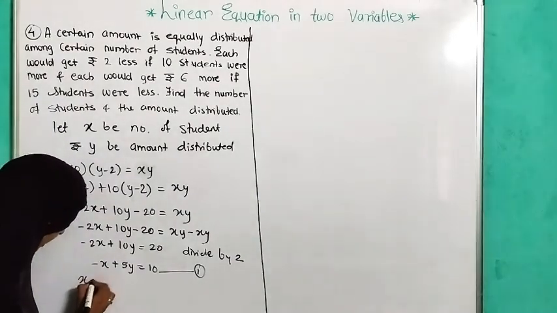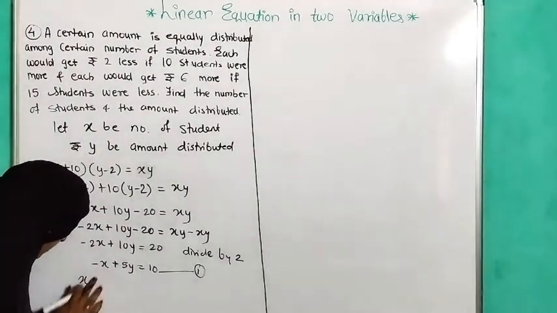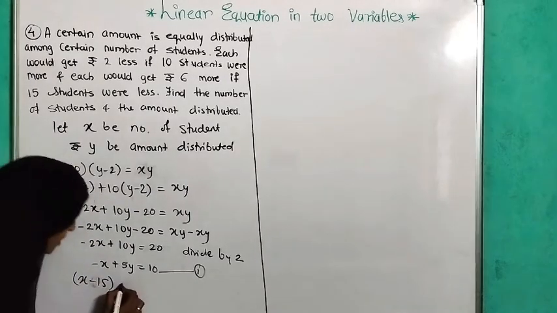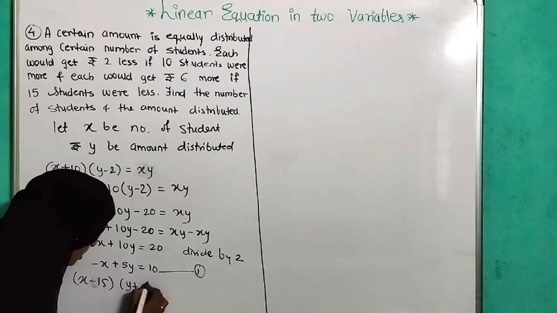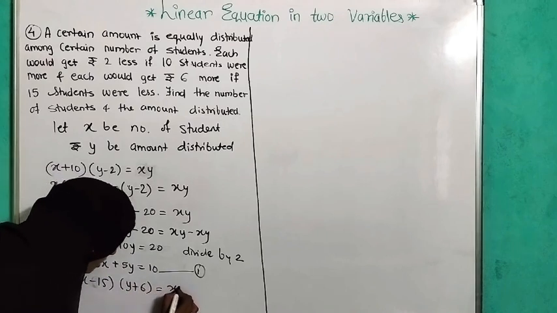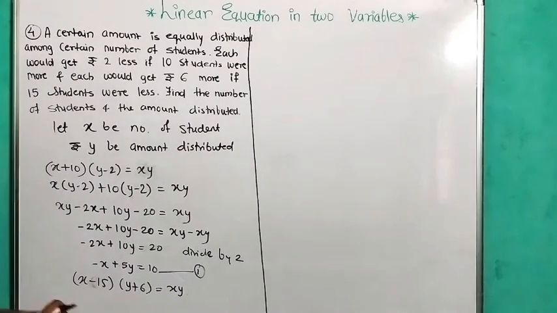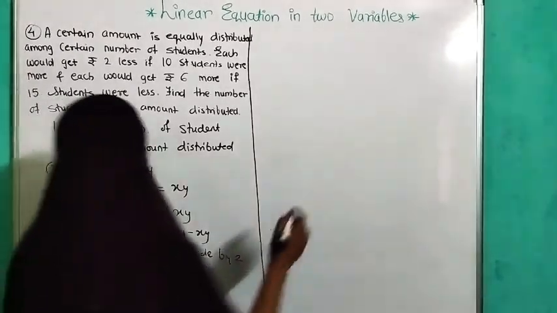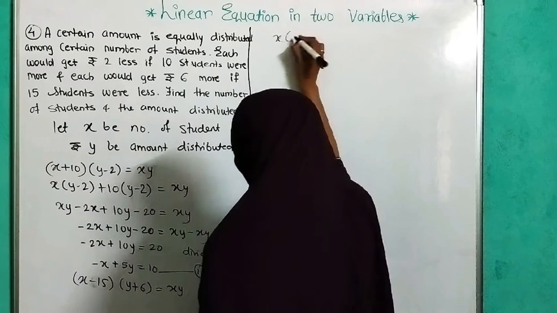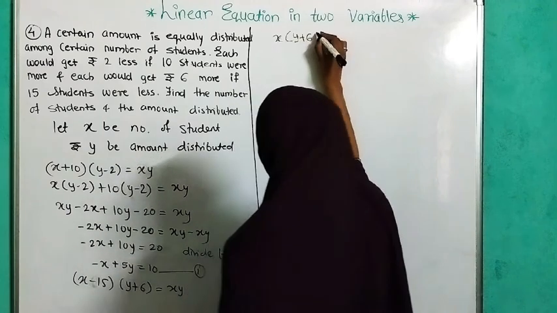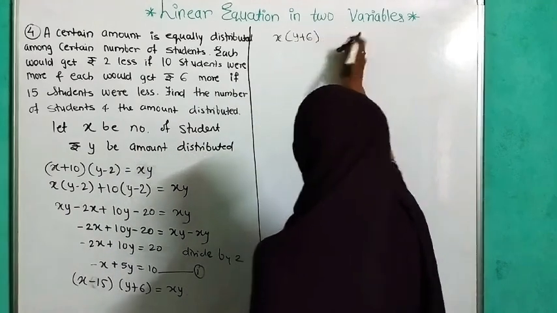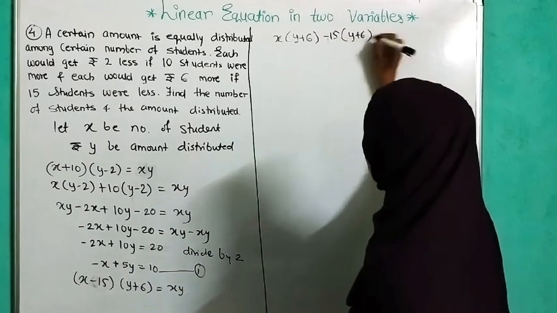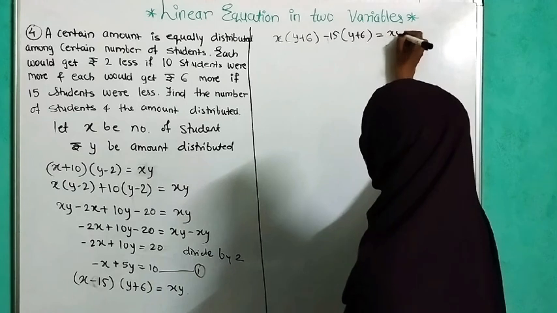Then x minus 15, because number of students is x, and y plus 6 is equals to x into y, total number of students and total amount. If we solve this, we are going to get x into y plus 6 and minus 15 into y plus 6 is equals to xy.